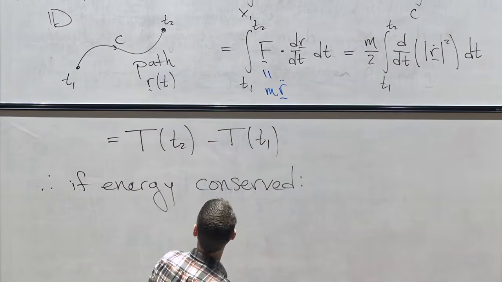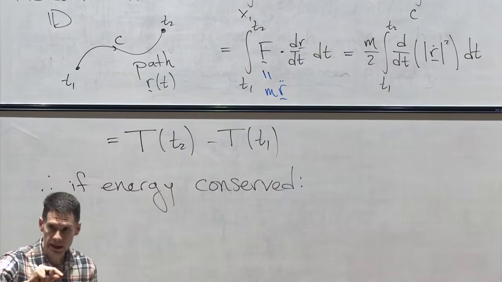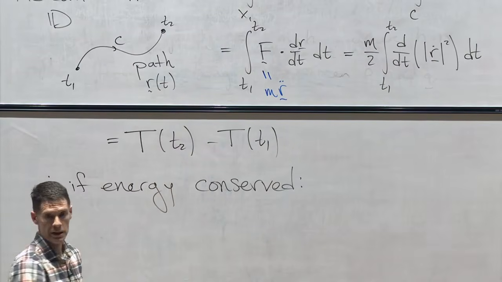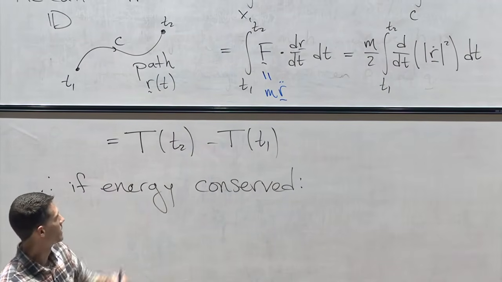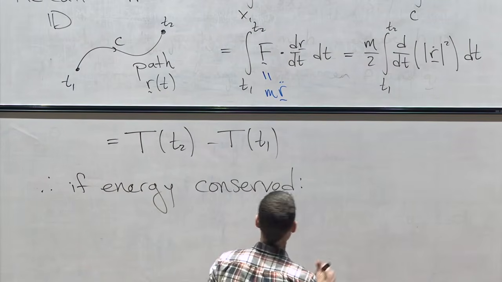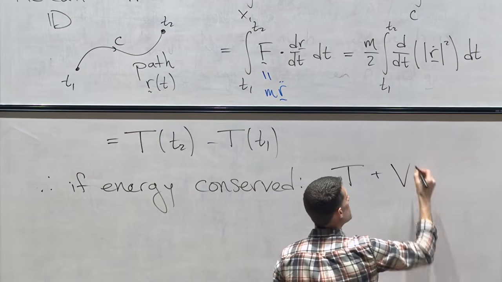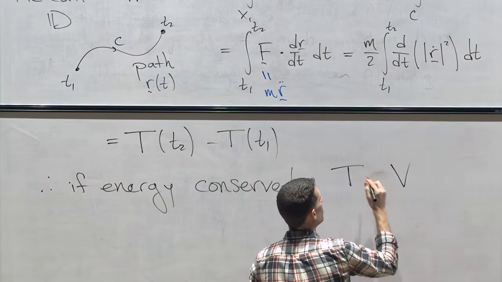then T of t2 minus T of t1 is just V of whatever position that is, r1 minus V of r2.